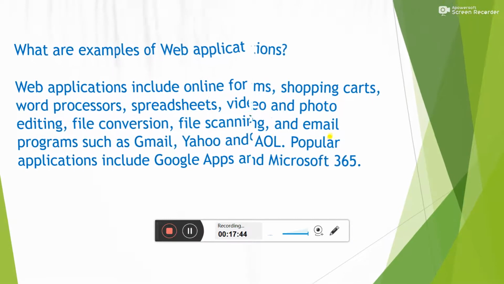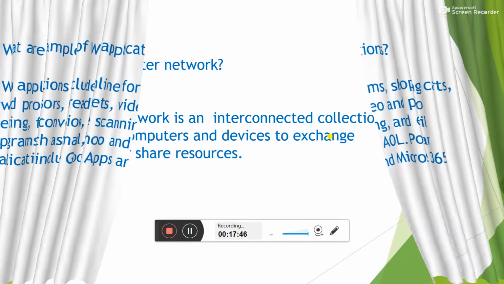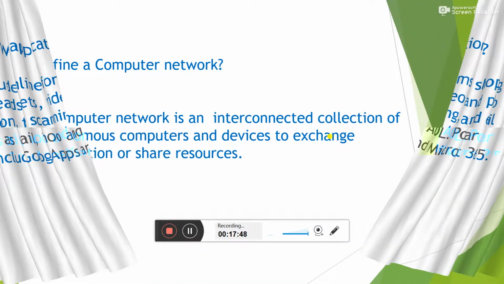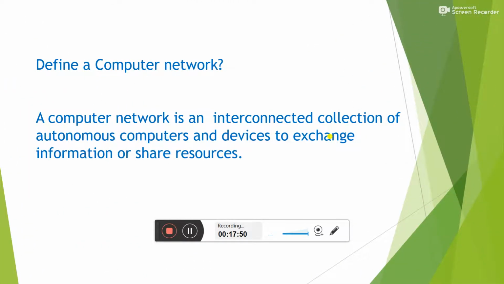Next, we are going to discuss what a computer network is. A computer network is an interconnected collection of autonomous computers and devices that exchange information and share resources. In the previous classes you already learned what a computer network is and how many types of computer networks there are.